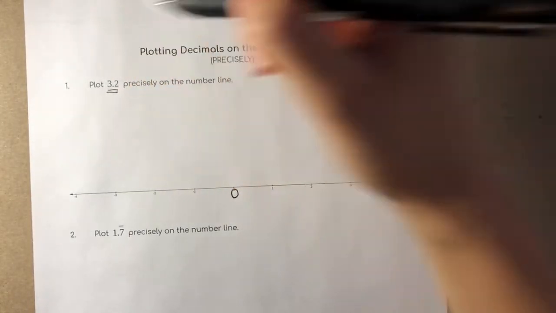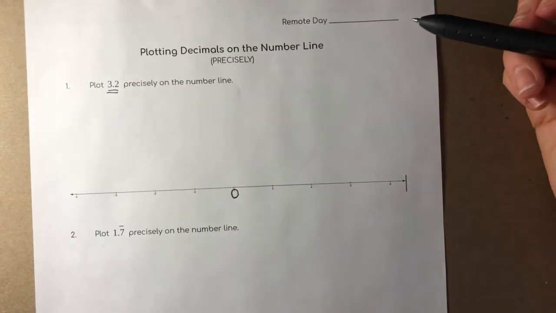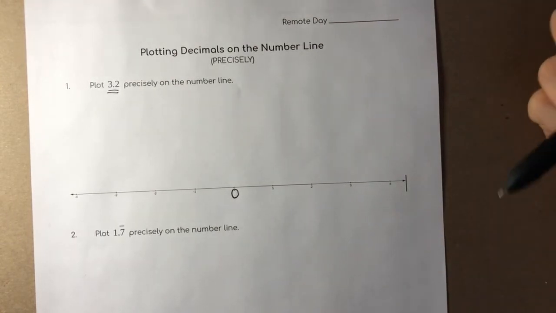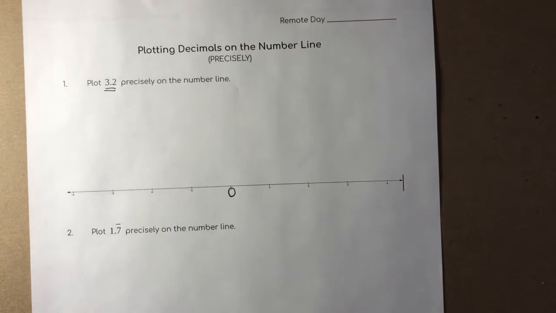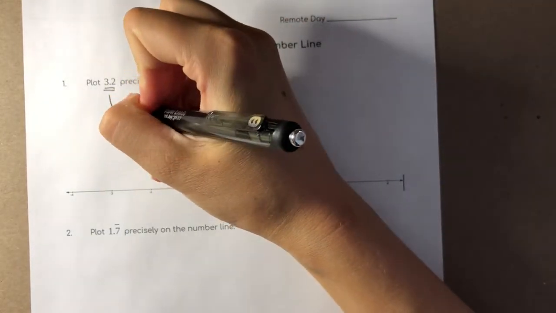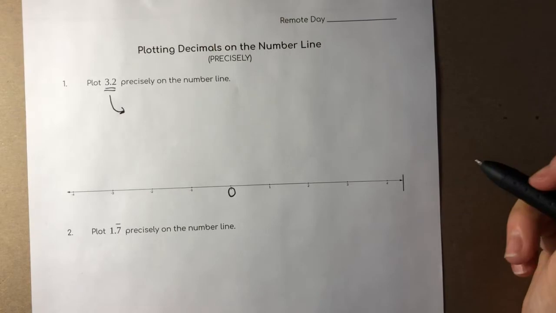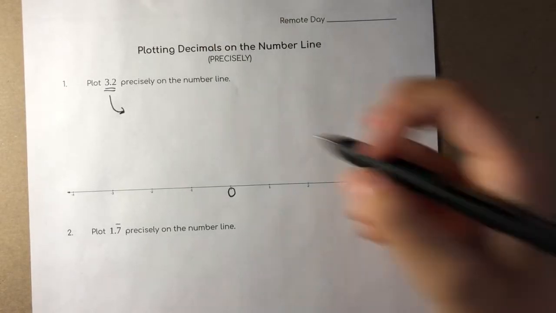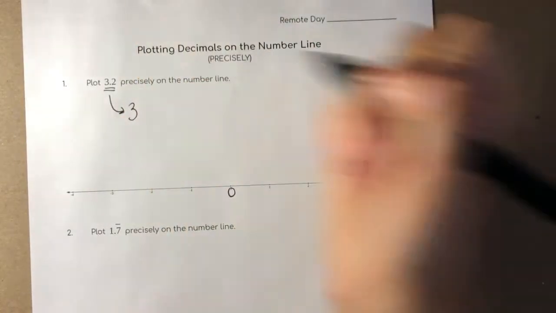3.2. So I know it's more than 3 units away from 0. It's that 0.2 more, but I want to show that as precisely as I can. So I'm going to think about 3.2 as take it from its decimal form to its mixed number form, because we are all now experts at putting those on the number line.